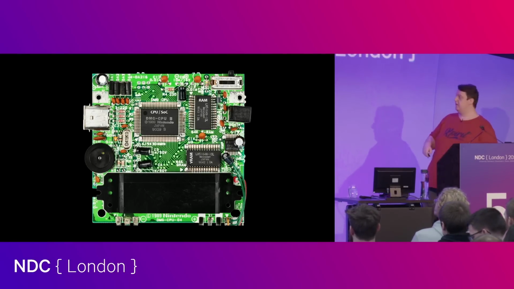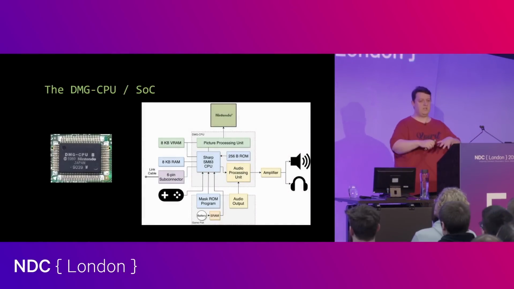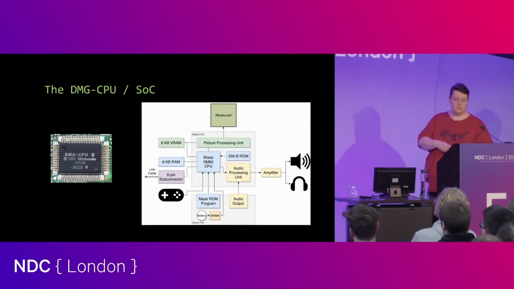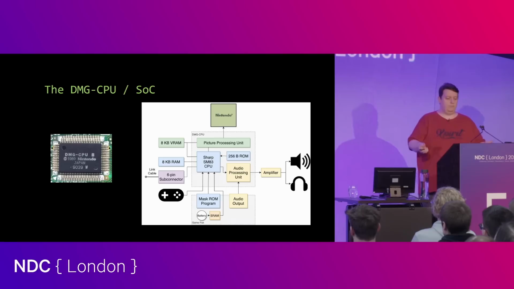And if we look inside the CPU, it's actually a system on a chip. So the DMG CPU is actually a Sharp, and I'm gonna read this because I can't remember that one, LR35902. That's why we refer to it as a DMG CPU.